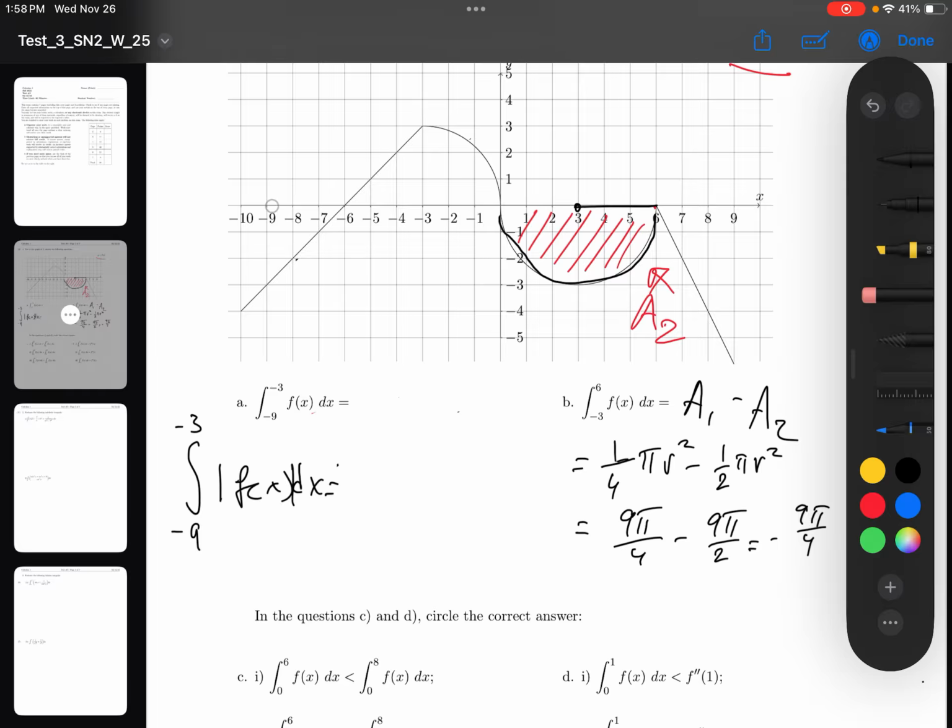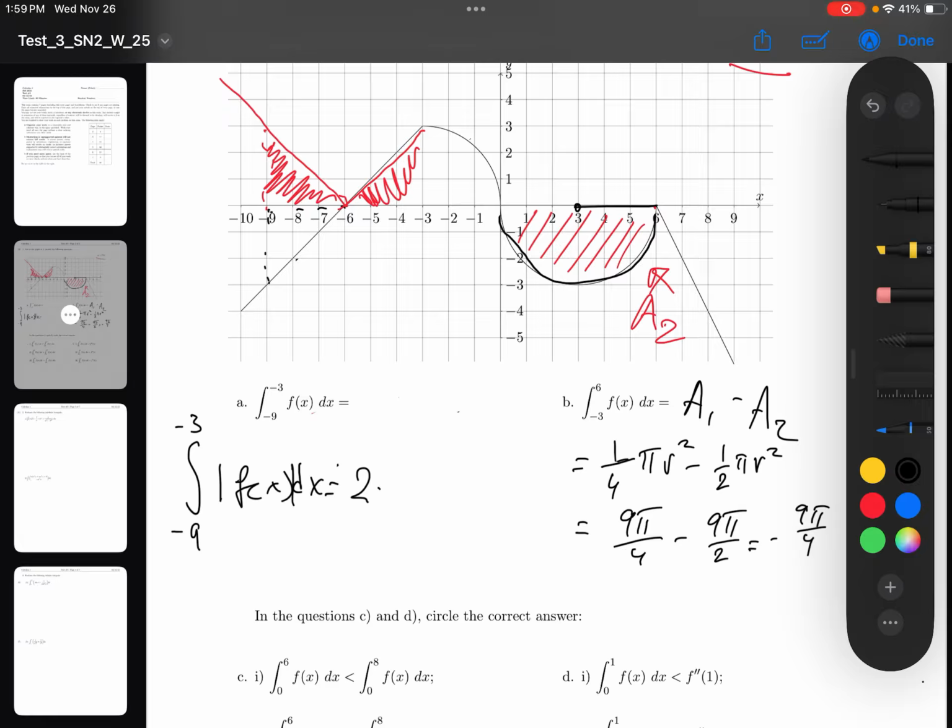So from -9 to 3, the graph is right here. So that means the absolute value is going to look like this, right? An absolute value of the function always, the graph is going to be positive. So basically I have the area of these two triangles added together.